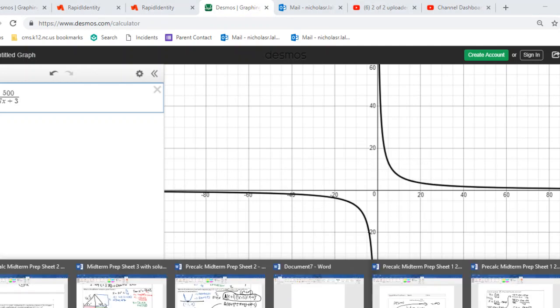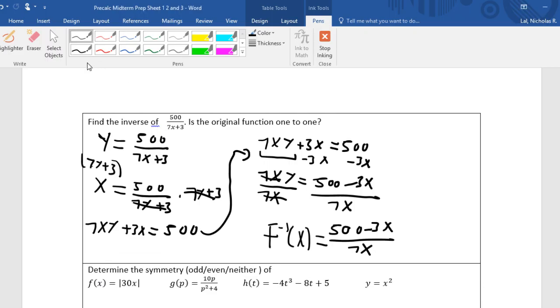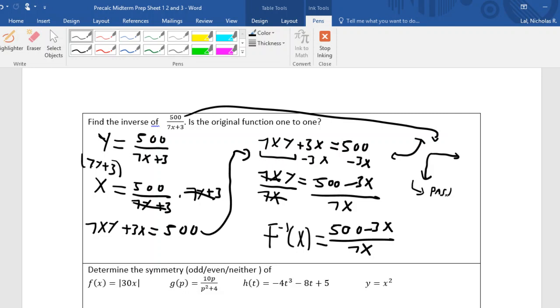So, just looking at the problem, 500 over 7x plus 3 is a rational function. This horizontal line will never intersect this function more than one time. So this passes the horizontal line test. If a function passes the horizontal line test, it is 1 to 1.